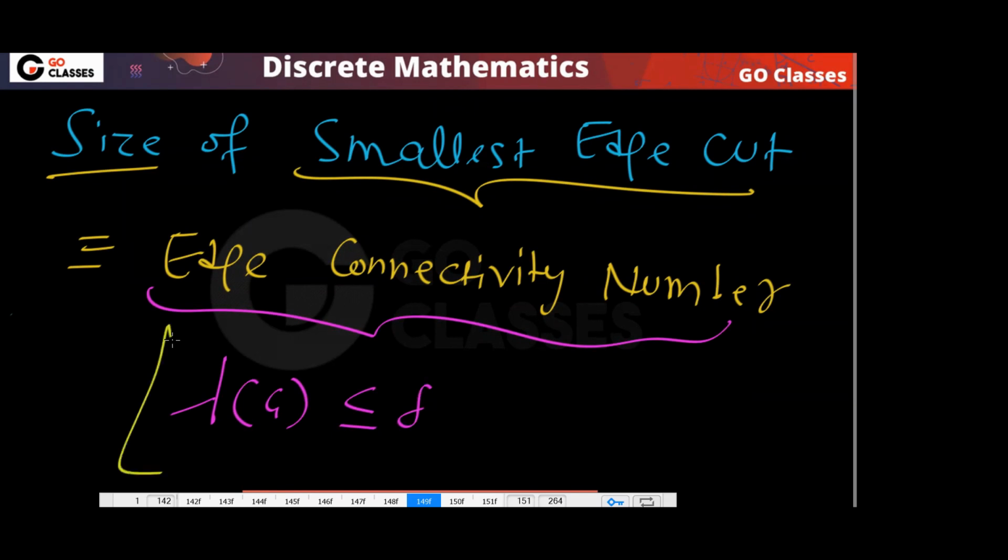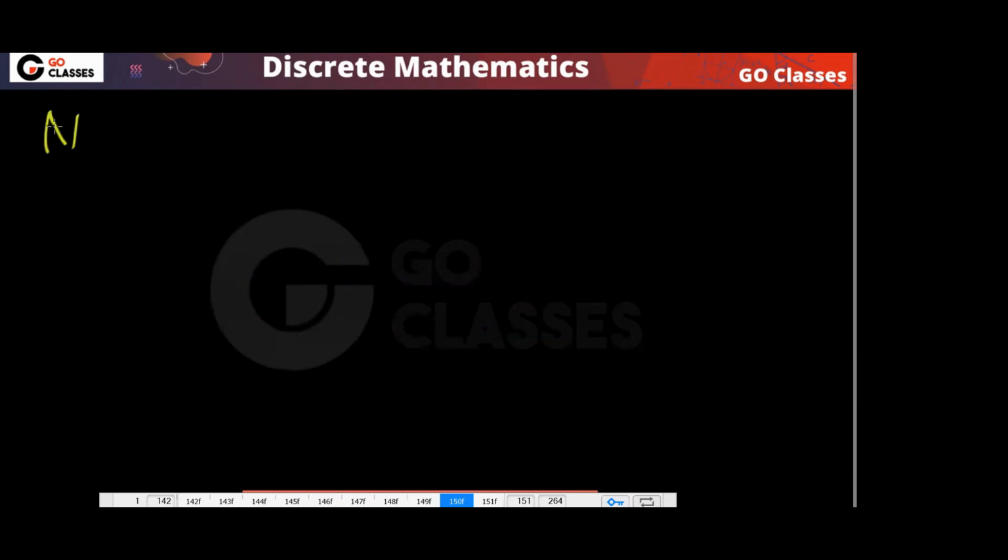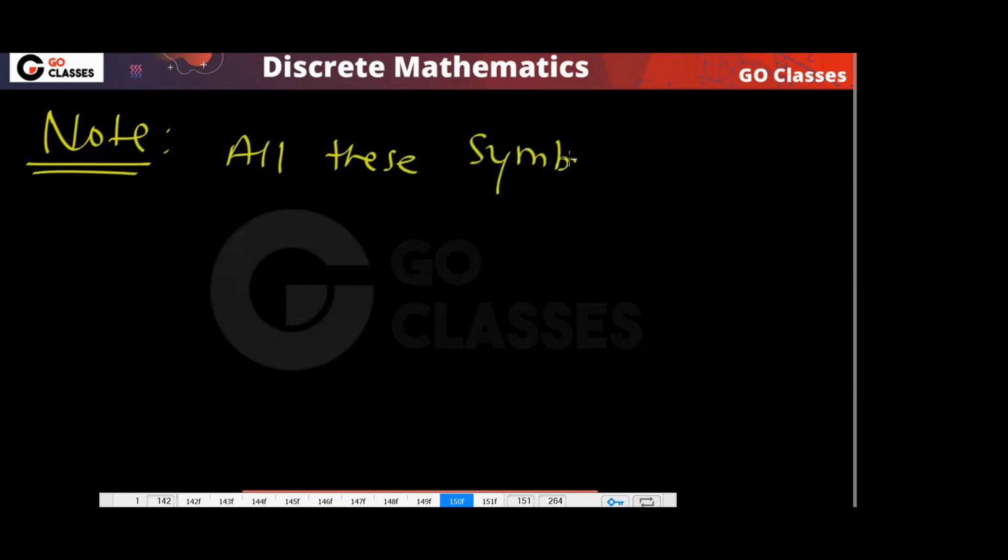Anyway, you don't have to worry about the symbol. One thing you should note: all these symbols are not important. For example, what is this symbol? Omega, the clique number. This is the independent set.